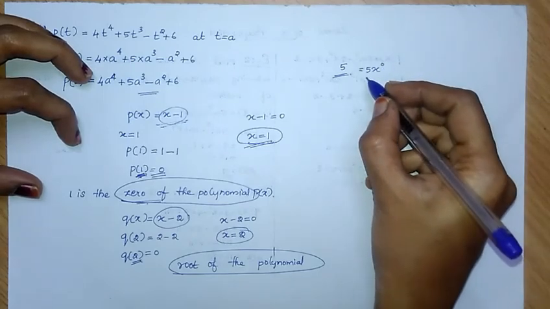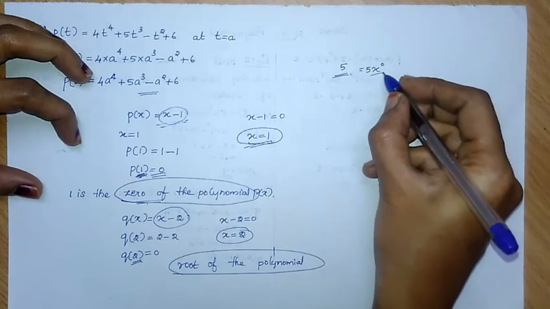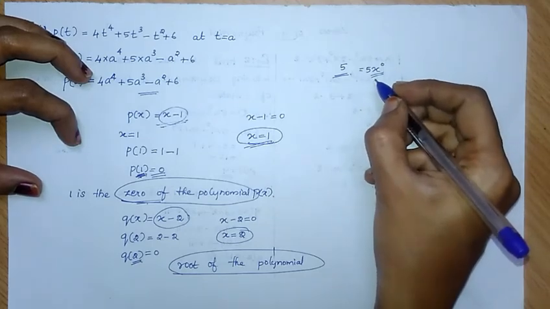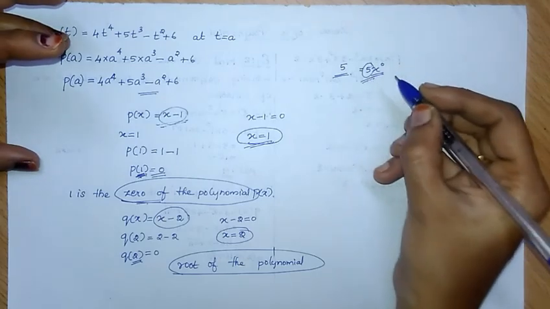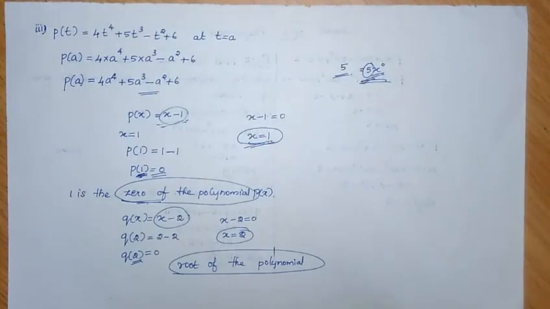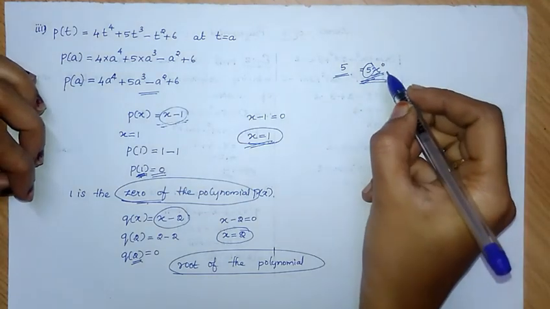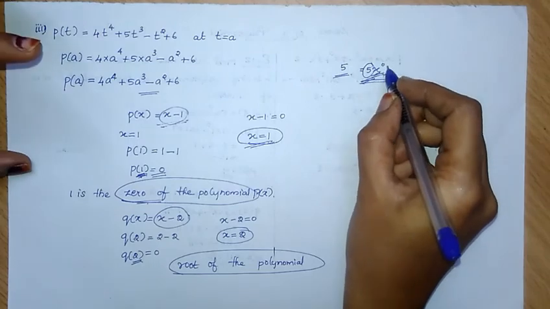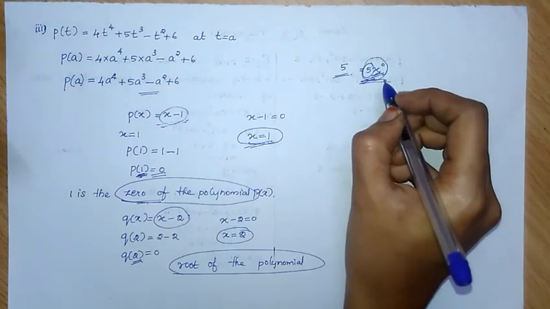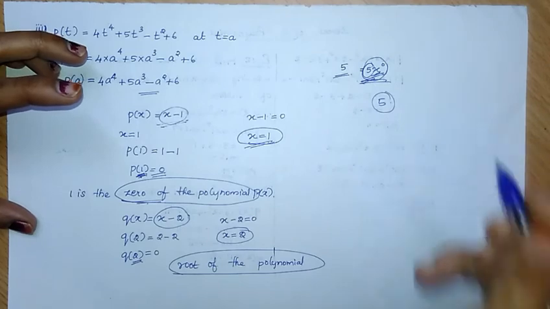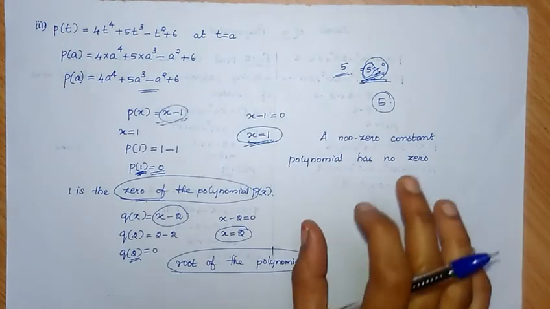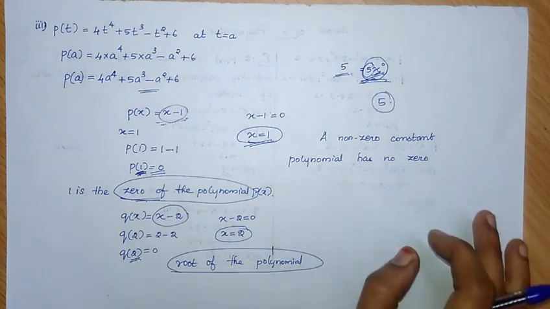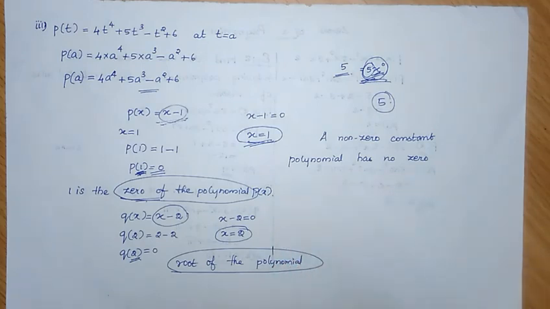So, if you replace this x power 0 by any number, still it gives this constant only. So, it has no 0 because replacing x by any number in this 5x power 0 still gives 5 only. So, it has no 0. In general, a non-zero constant polynomial has no zeros.